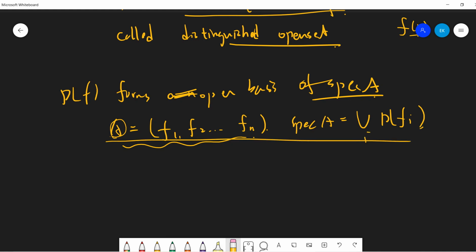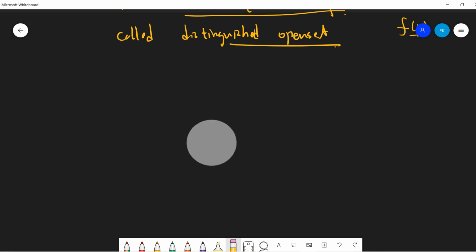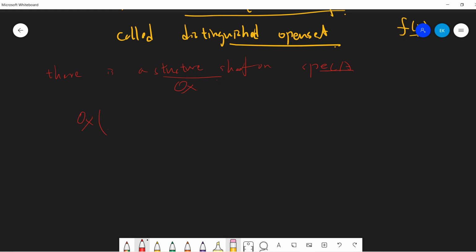The next thing, which is the great invention, is the sheaf. There is a structure sheaf on Spec A. It depends on how you define the structure sheaf, but the standard Grothendieck definition, which is very amusing from my own perspective, is O_X. Here X is Spec A. For each open set, you need to give a sheaf of rings.